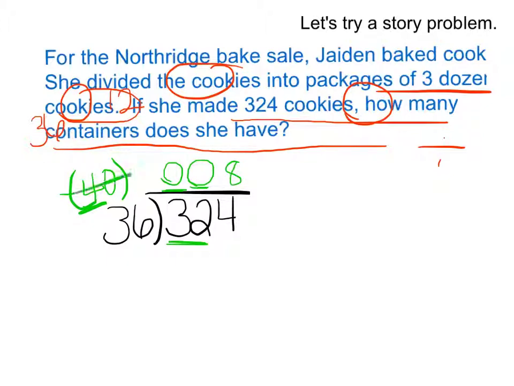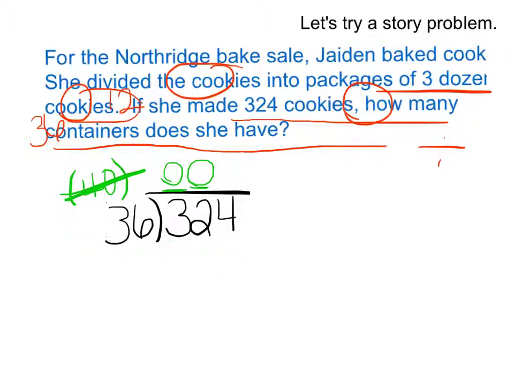So I'm going to forget about the estimation and go 8 times 6 is 48. Carry my 4. 8 times 3 is 24 plus 4 is 28. Looking at this number, I already know that I can go up one more.